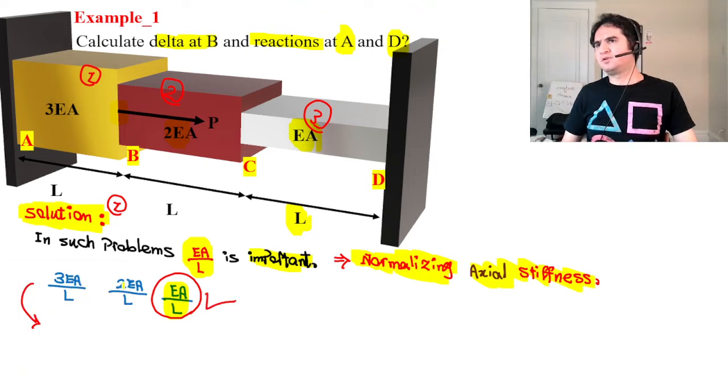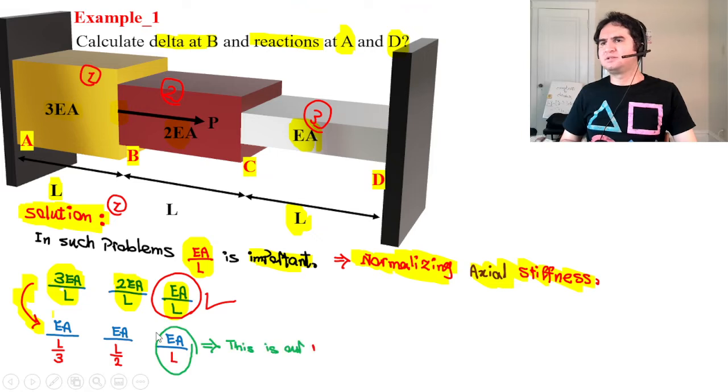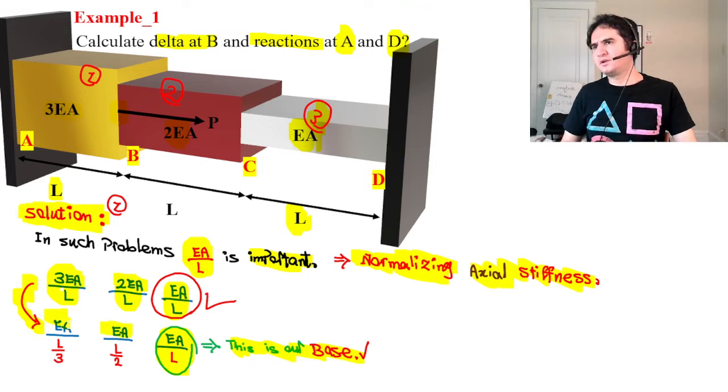The second one is 2 EA over L, and the third one is 3 EA over L. By normalizing, we mean taking the smallest one, the third block, as our base and making the EA for the others the same as the base. So EA remains the same in all of them.